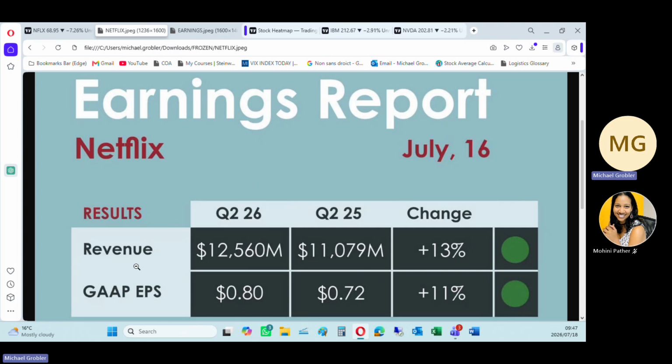And believe it or not, you can have situations where shares come out with negative 25, negative 20, and the stock will fly higher because the market was expecting negative 35, for example.